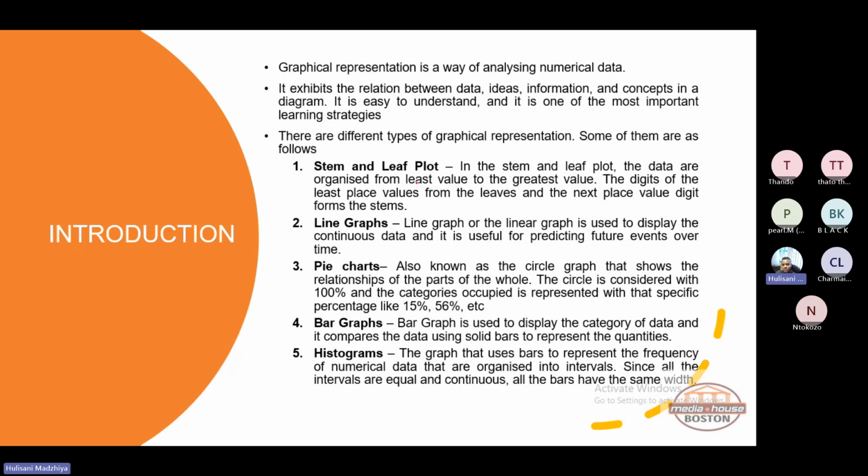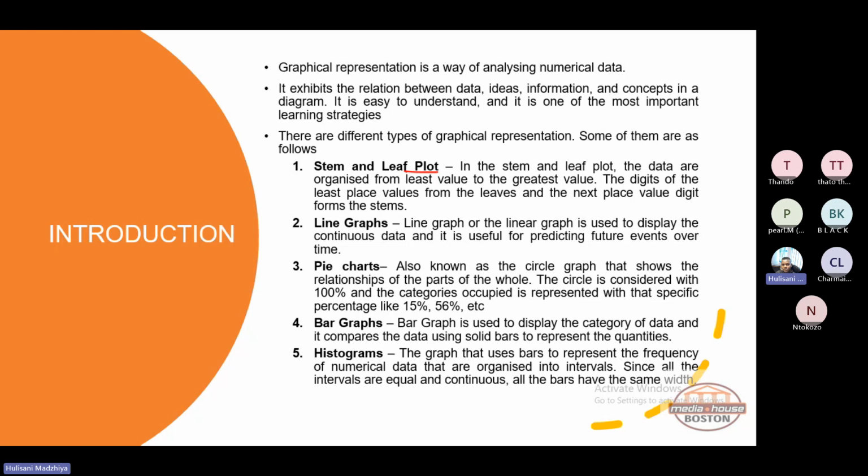In the stem and leaf plot, the data are organized from least value to greatest value, the digits of the place value of the leaves, and the next place value digits form the stem. What actually happens with the stem and leaf plot is that we use a system sort of like a tree: this is the stem, these are the branches, and these are the leaves.